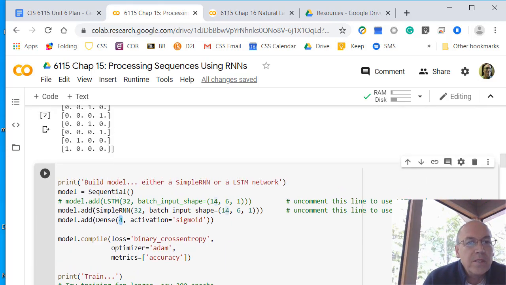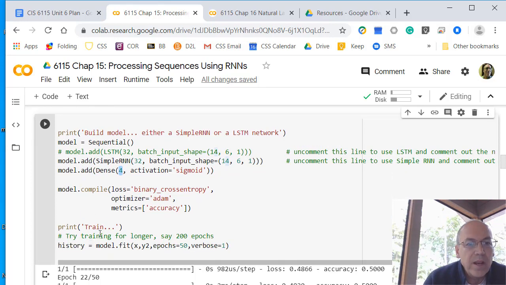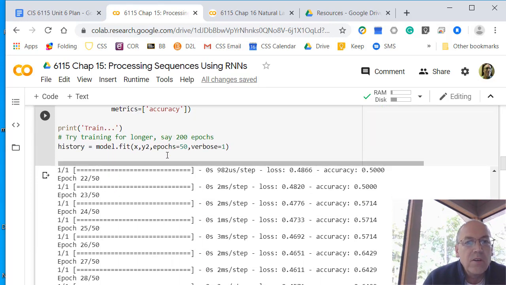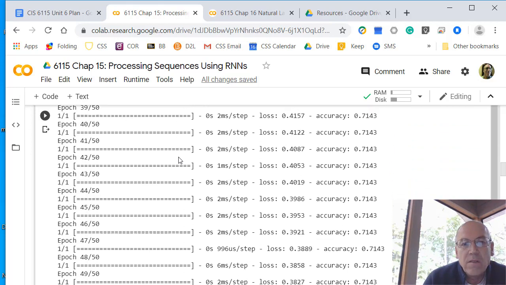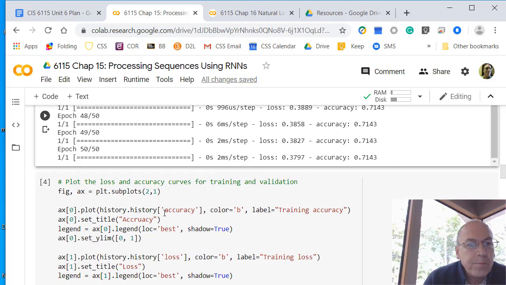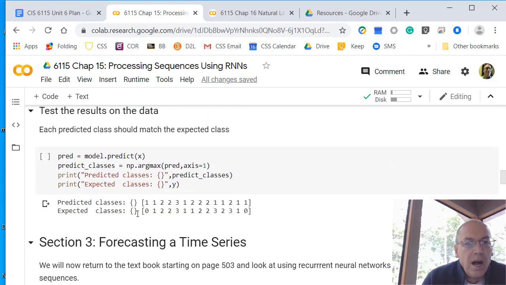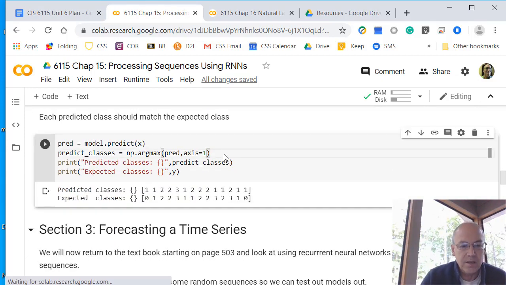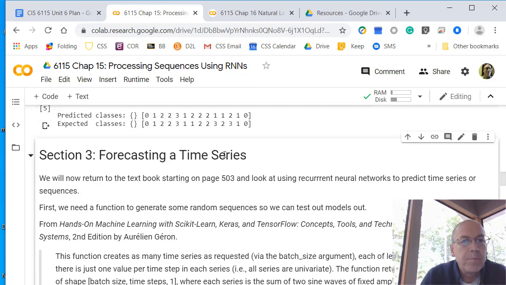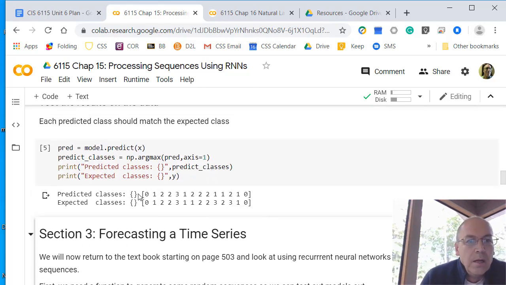So again, we set up this network sequentially, we compile it, and we train it with our fit function as normal. It trains over time, and then we predict the accuracy of this. So here's our results here. Here's what we predicted, and here's what we expected.